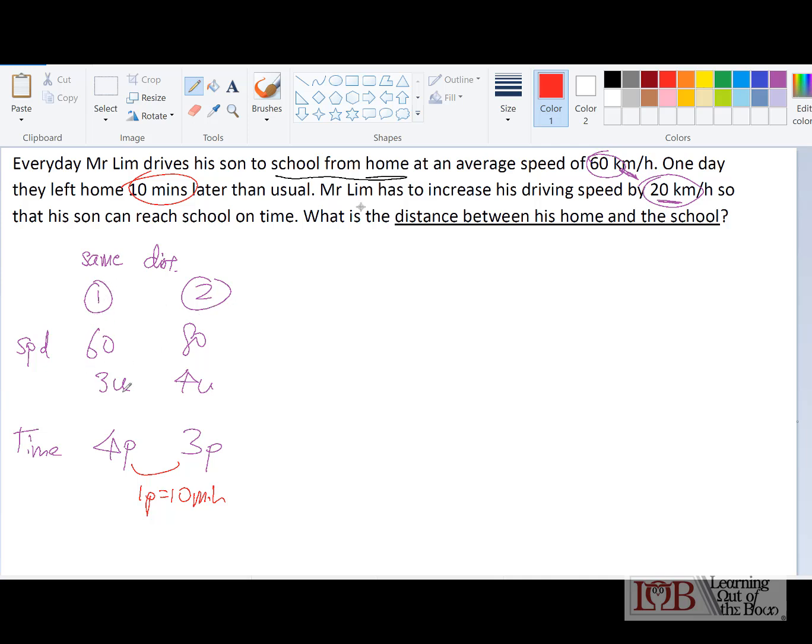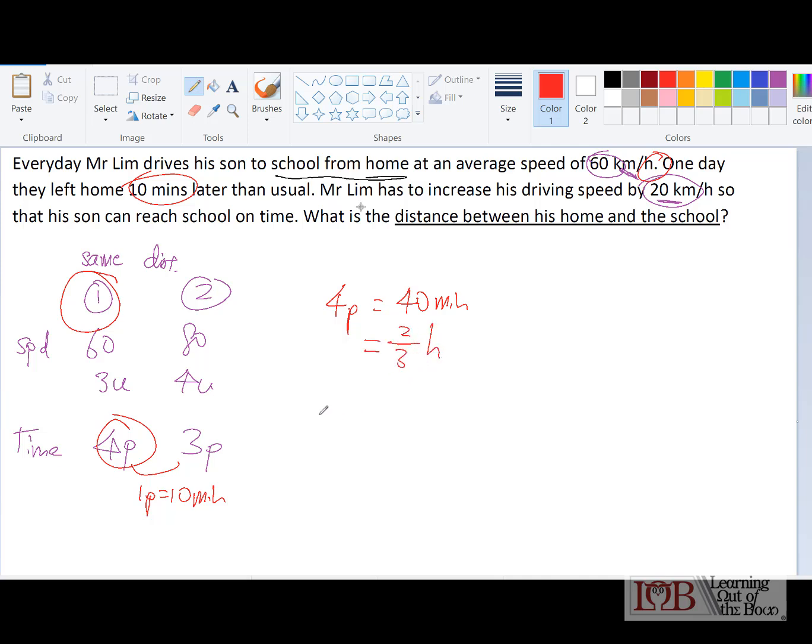So for me, I will always go to the first one, because it's the first one to be used. So don't spend too much time to decide which one to use, because your answer should be the same. So in this case, 4 parts wise, you know that it's 40 minutes because it's 4 times 10, and because it's talking about hour, so you have to change to hour.